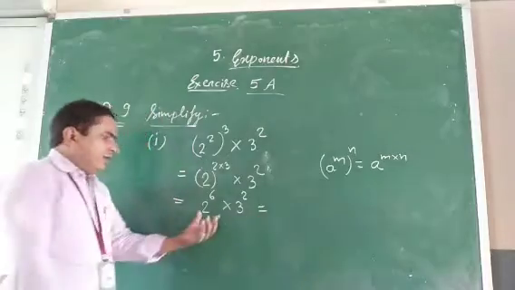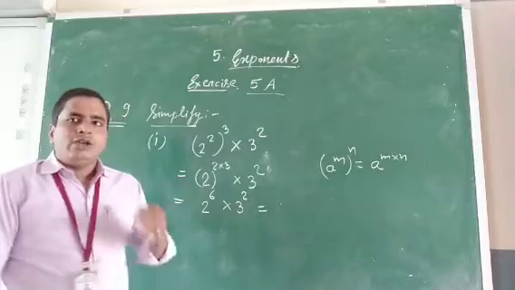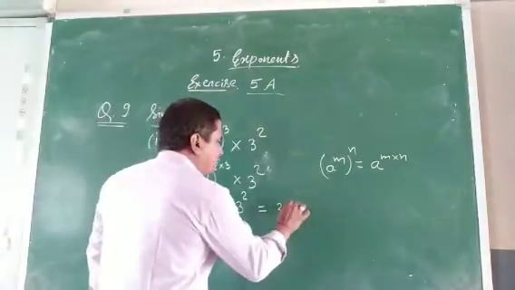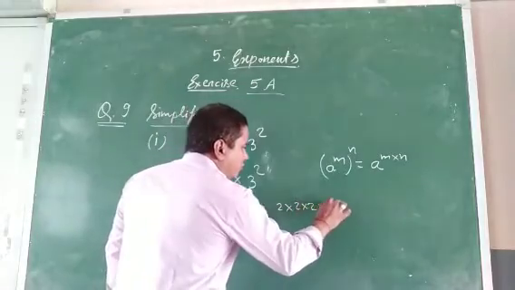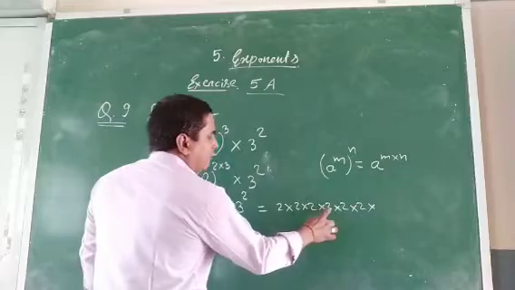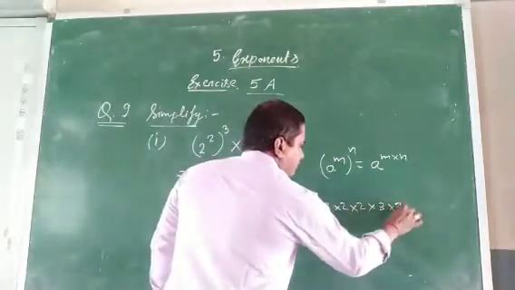Now expand this. Okay, 2 to the power 6 means 2 multiplied by itself 6 times. So 2 into 2 into 2 into 2 into 2 into 2, that is 6 times, and here 3 multiplied by itself 2 times.